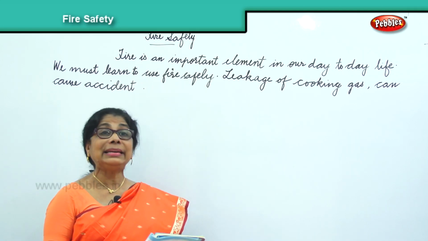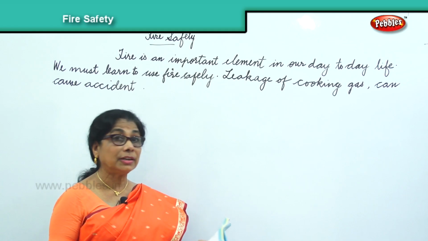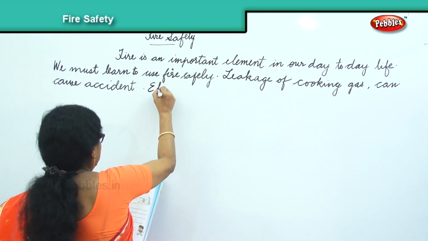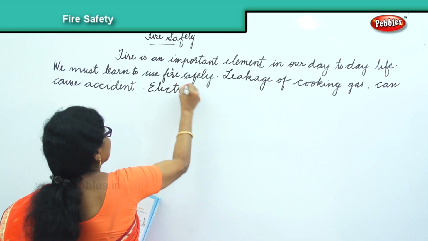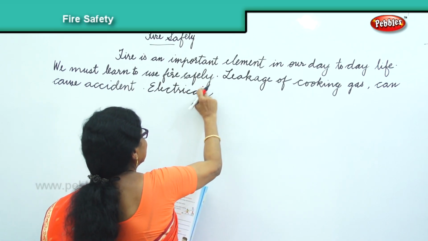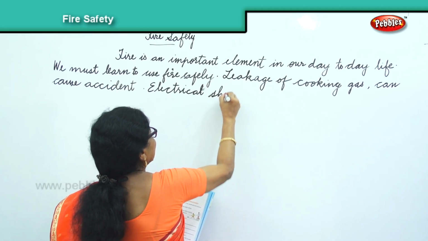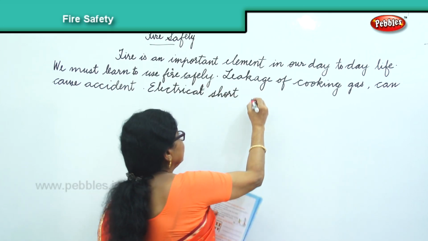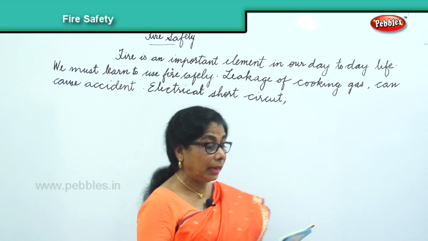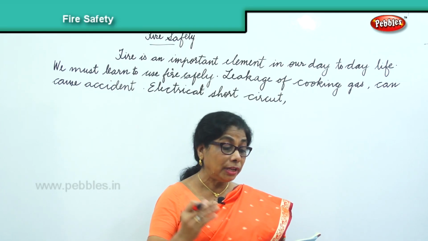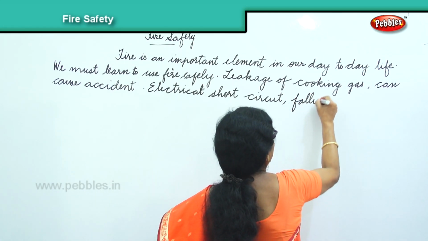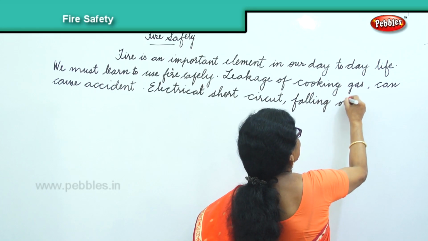What else? Electrical short circuit can cause accidents. That is another one, electrical short circuit. Then falling of crackers.